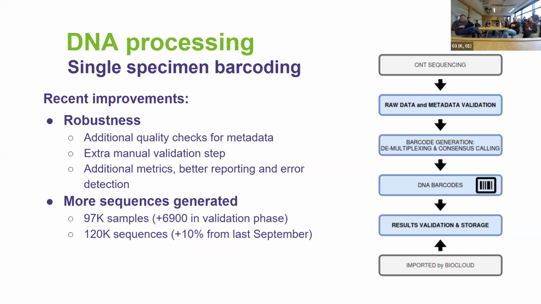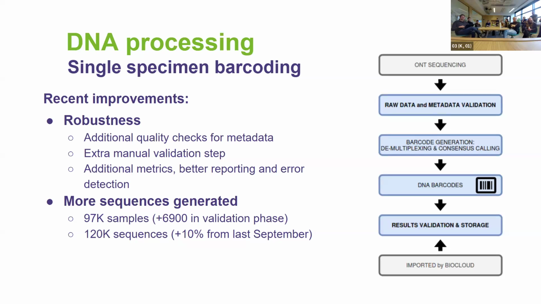And the extra validation step occurs just before sending the data to BioCloud. So now it's not automatic, but there will be a manual review, which is more efficient than having to delete incorrect data in the storage, in the database, or even in BioCloud, which actually takes a lot of time.